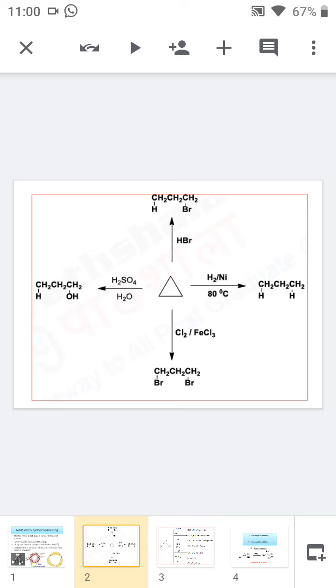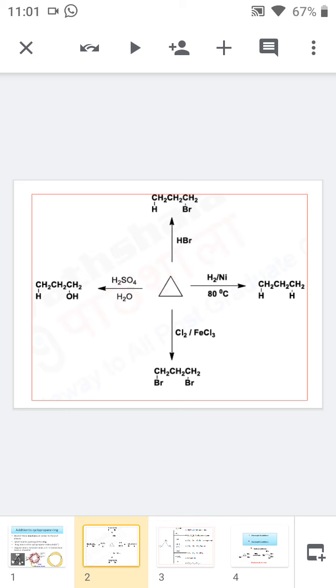Now, in cyclopropane most reactions occur very easily. For example, HBr addition, hydrogenation in the presence of a catalyst, hydration and halogenation are possible in the cyclopropane ring. See here, if you add HBr to the cyclopropane ring, the hydrogen is added at one end and the bromine at the other end, so the addition occurs at the terminal positions.